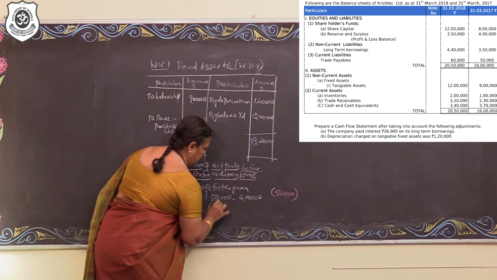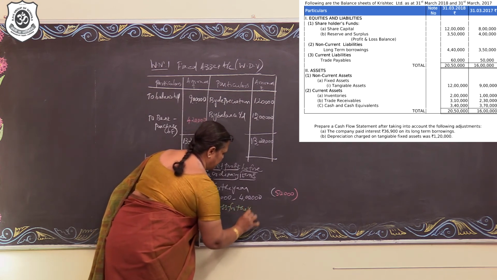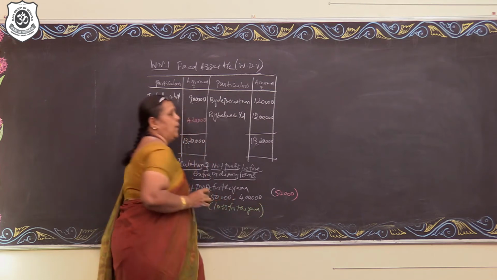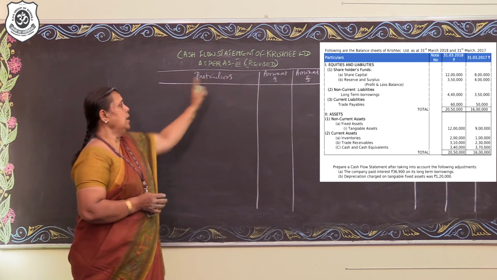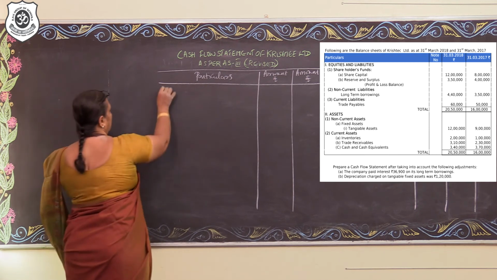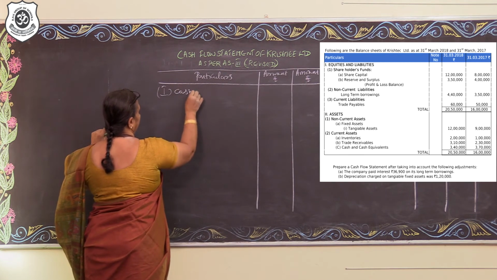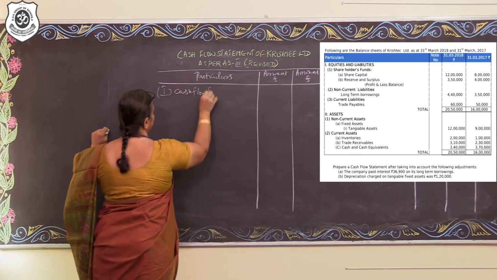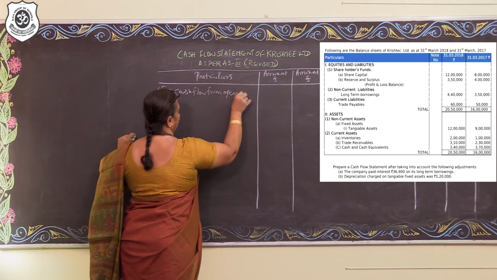Now, going to the preparation of cash flow statement as per AS3 revised. So, cash flow statement of Christie Limited as per AS3 revised. Now, I am starting with 1. Cash flow from operating activities.